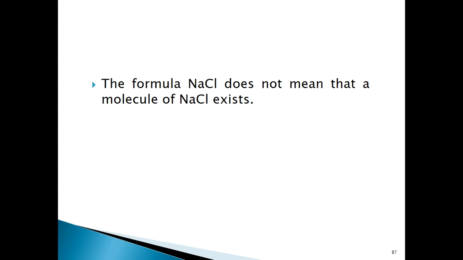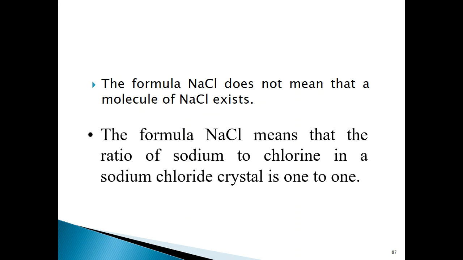All right? So when you see a formula such as NaCl, that does not mean that there's a molecule of NaCl. What this tells you is that there is a 1-to-1 ratio between the sodium ion and the chloride ion in this particular compound. So the formula that exists for an ionic compound is actually the empirical formula for that compound.